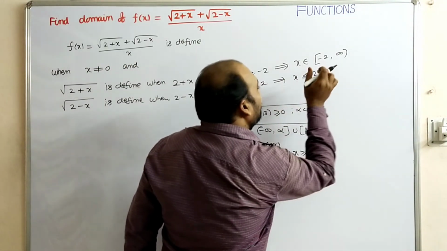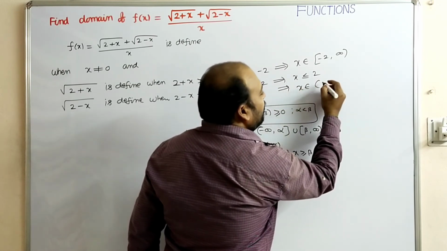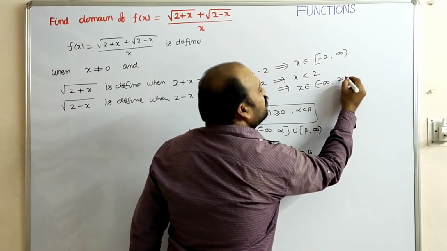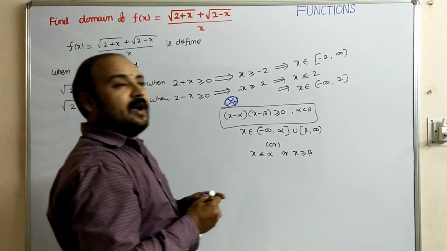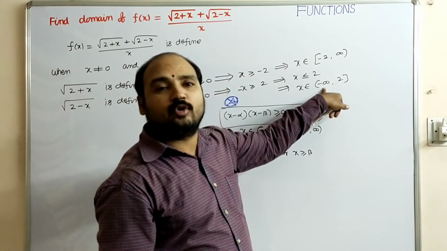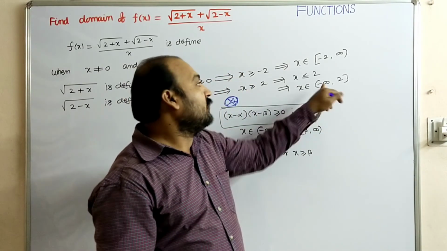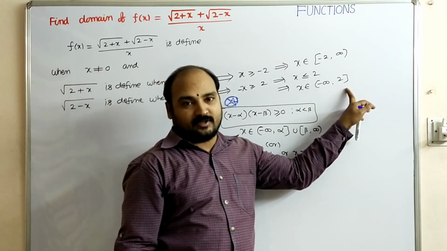So x is less than or equal to 2 means x belongs to open interval of minus infinity to closed 2. Whenever it is infinity, you should always take an open interval. Less than 2 means minus infinity, or equal to means closed.